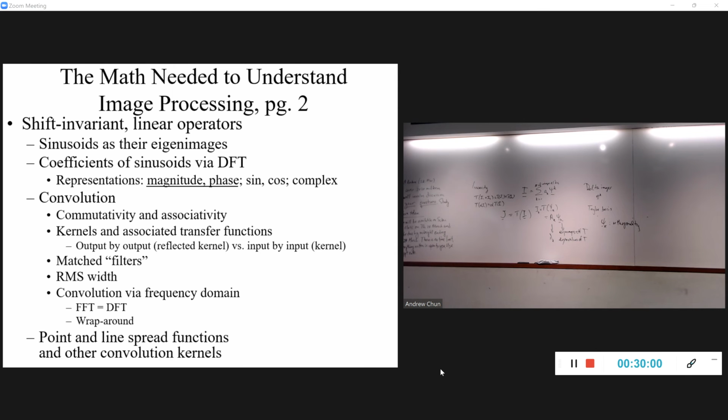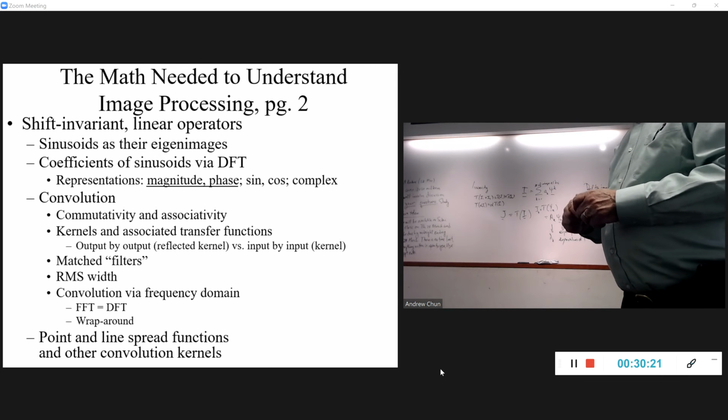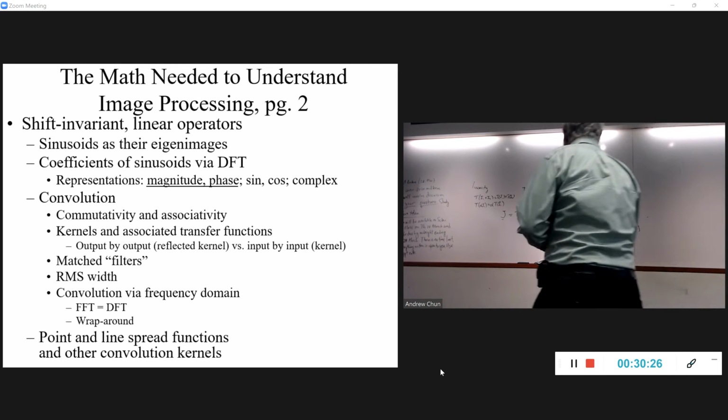As I said, for that large class of operators that were shift invariant linear operators, we spent a lot of time on understanding what they were. First of all, that the sinusoids were the basis.